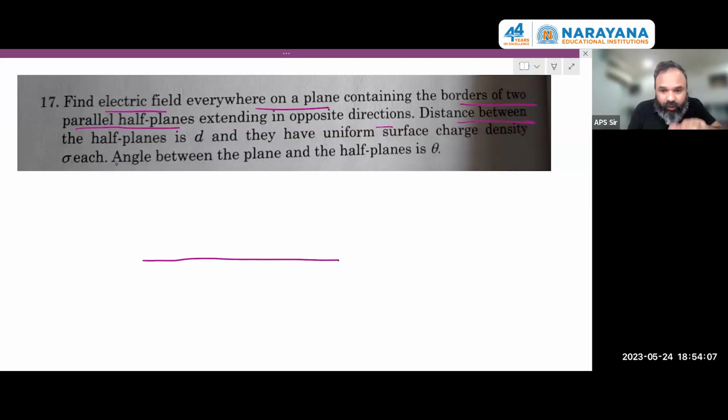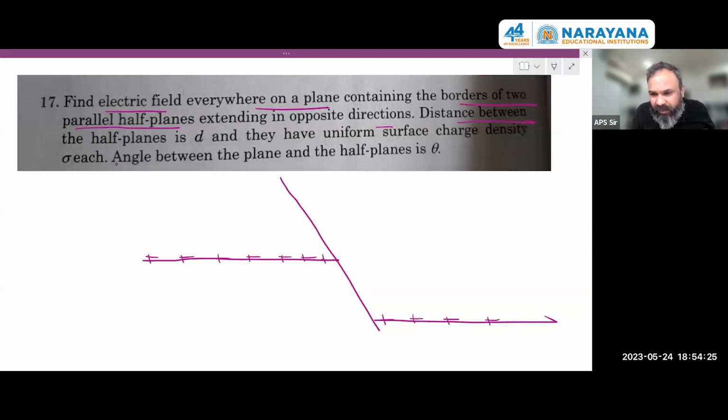So this line is the border, and the other border is such that both borders lie on this plane. Basically it is saying that this is the infinite sheet for us, having this line as my border, and this is another semi-infinite sheet extending up to minus infinity, and these two edges are like borders.